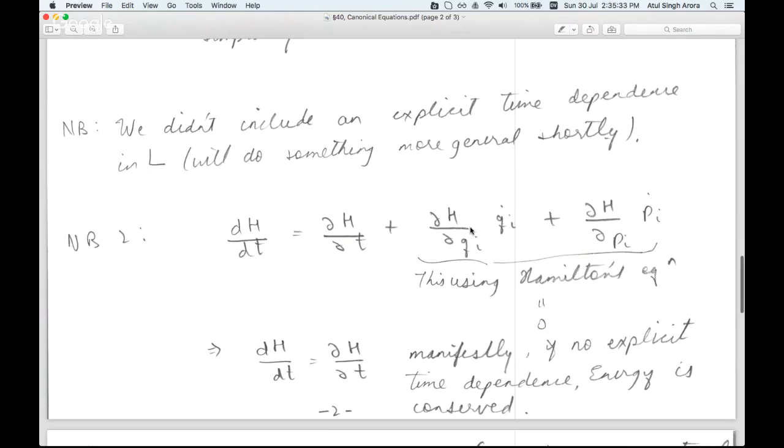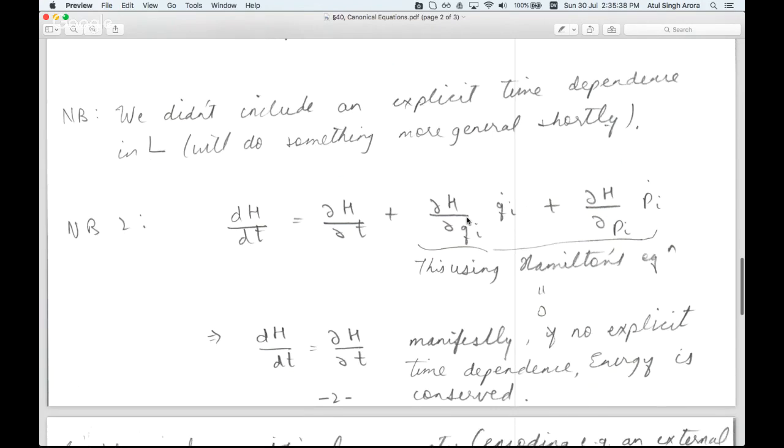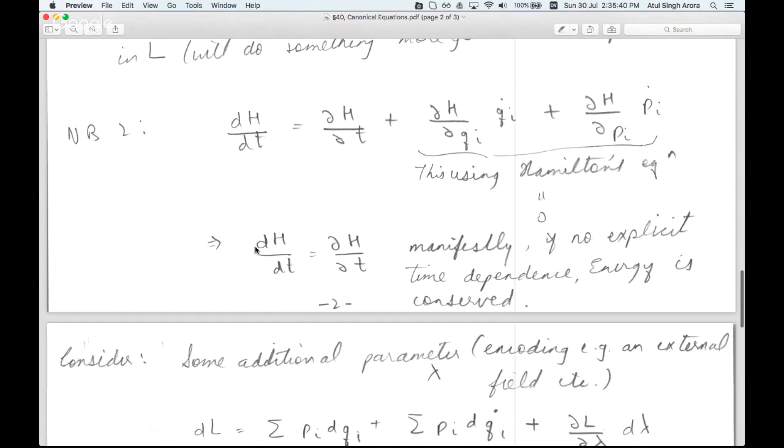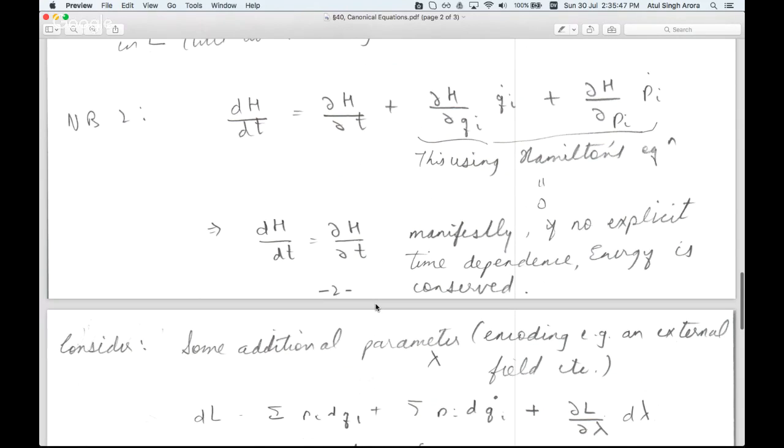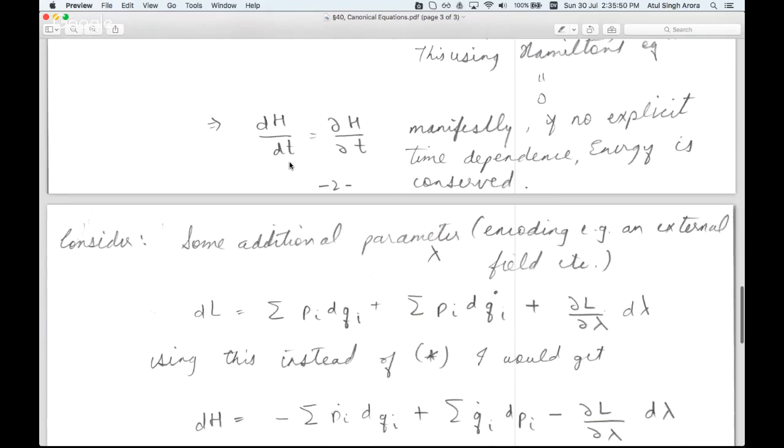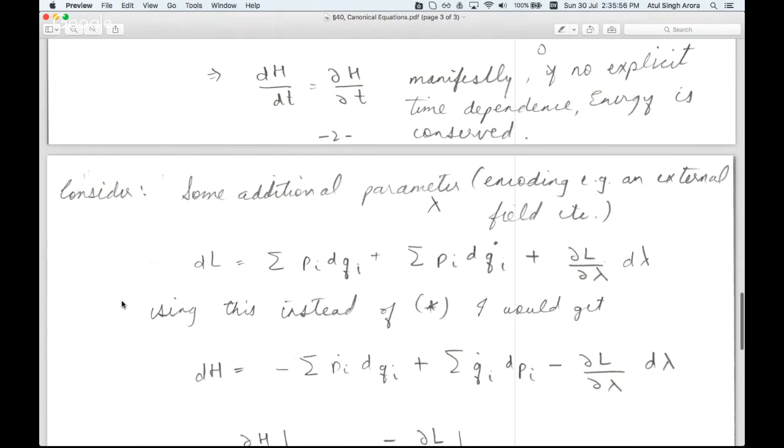So you would have minus pi dot qi dot plus qi dot pi dot, and so the total time derivative of H is going to be del H by del t. It would only depend on the explicit time dependence, and if there isn't any explicit time dependence, then the Hamiltonian, which is basically the expression for energy, will be conserved as a function of time.